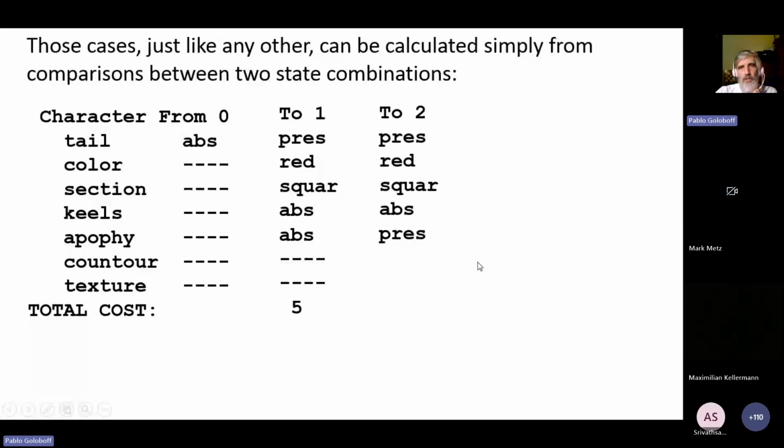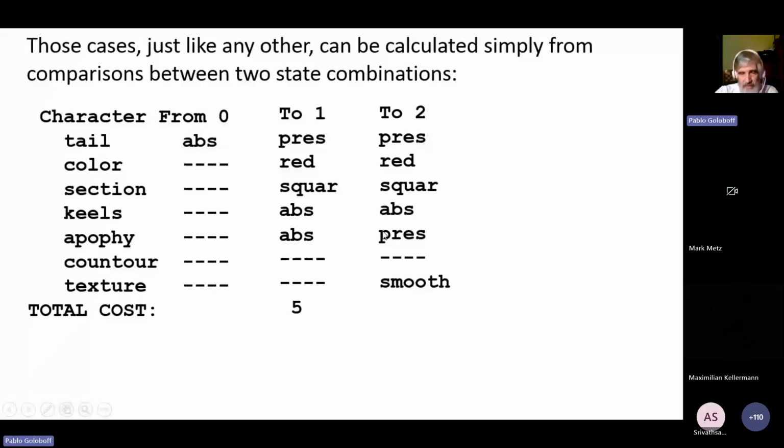But if you go into a state such that you have keels, then the contour is inapplicable, but there is some specific condition for the... the keels. Oh, I got that wrong. Yes, right.